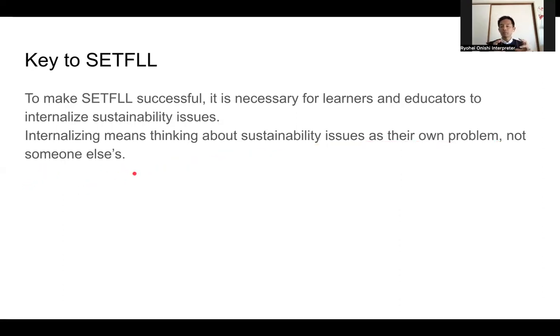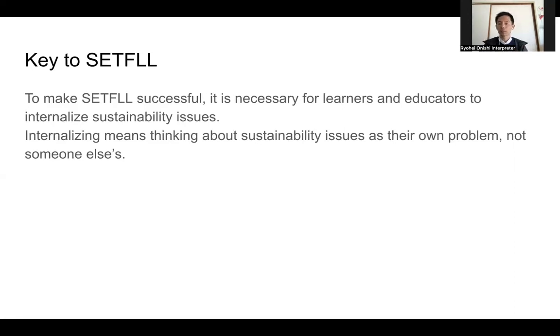If SDGs or sustainability issues are someone else's problem, then it's not internalized. But if you think that SDGs is your problem, then it's inside of you. It's internalized. So internalizing is very, very important to make SET4 successful.